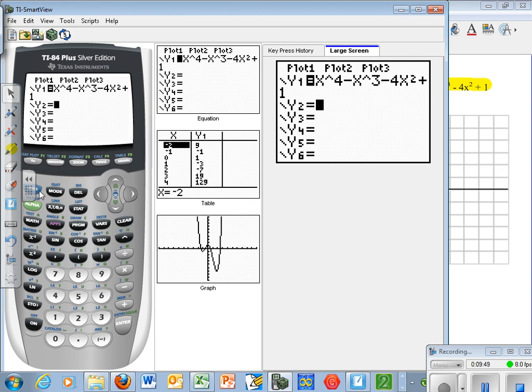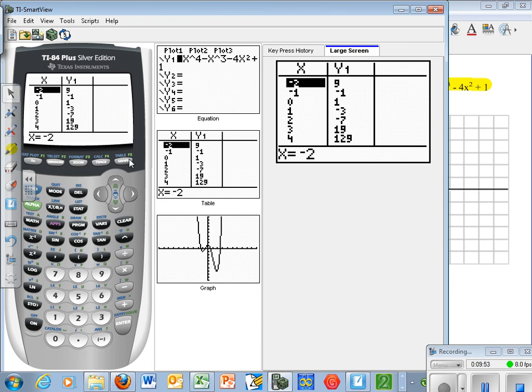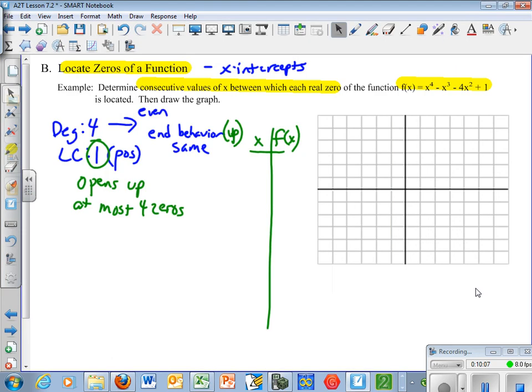Okay, now on my calculator you can kind of see what the graph looks like right now, but let's go to the table. And let's scroll up and look. So now, you see at -3 and -4, we're way up there at 73 and 257. So at -3, we're at 73. I'll put that in here. We're not going to actually graph that, but at -2, we're at 9.